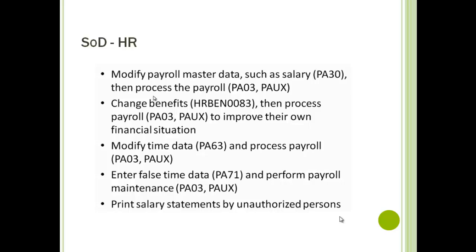Again, HR is a very sensitive module. As you know, in different parts of the world, even viewing some personal information by a different person seems to be non-compliant with their local country laws. So using the concept called segregation of duties, we can eliminate these kinds of issues. We can monitor these kinds of issues.